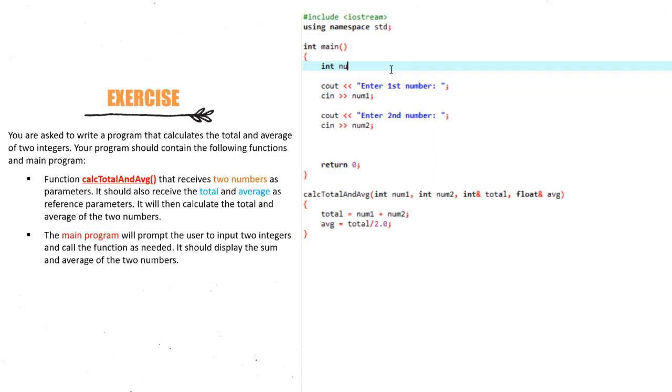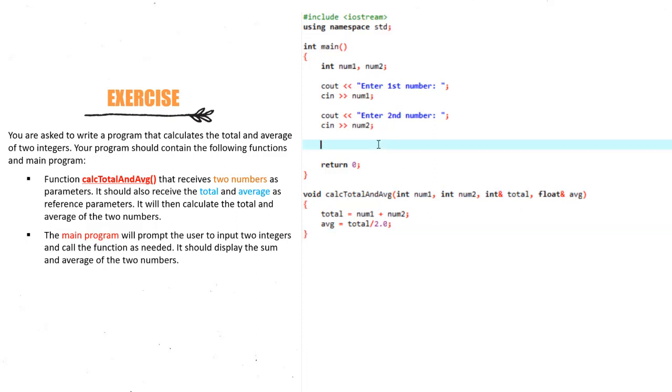Since we have done our input, we need to declare int num1, num2. Now we want to calculate the total and average, so we don't need to do it ourselves. We can just call the function. If you take a look here, there's something missing: we need to have the data type. Since we don't have a return value, all we need is void. So void calculateTotalAndAverage, and then we have all these parameters.